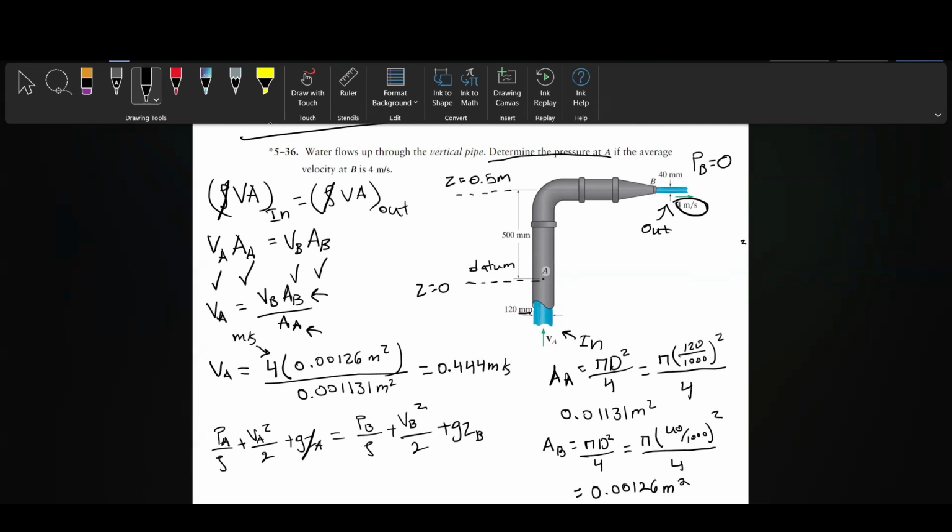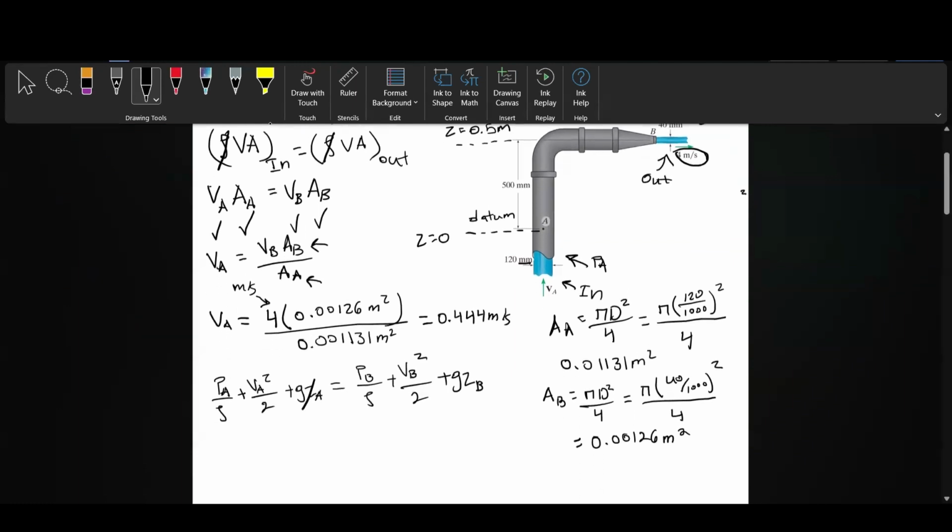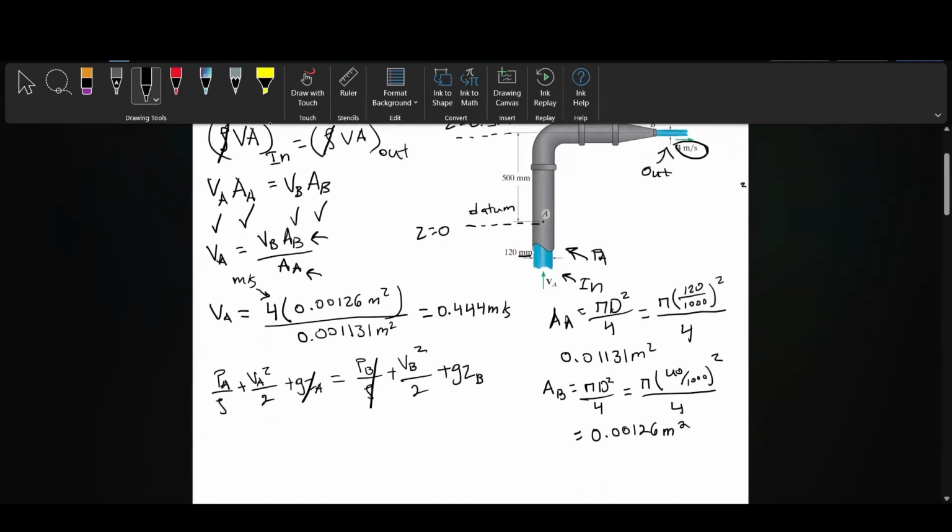And here, PA equals some number that we don't know yet. That's what we're looking to find. But because PB equals 0, we can simplify this and say this is 0.